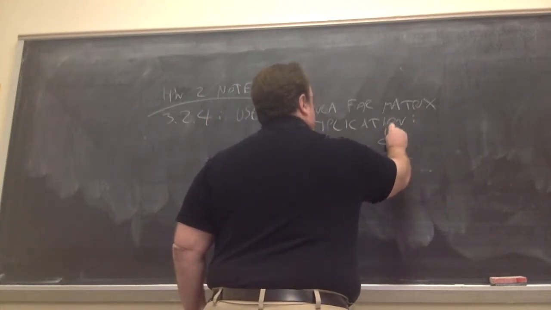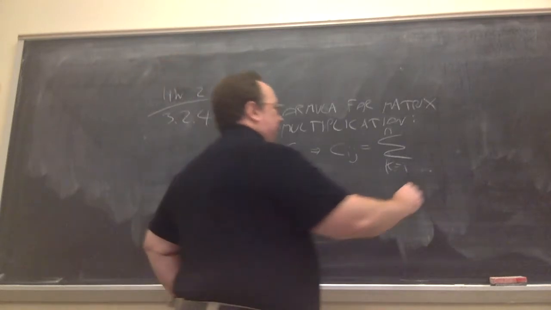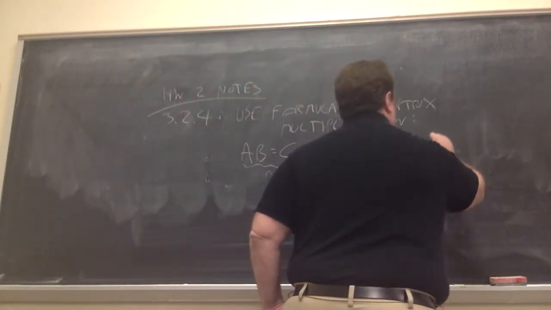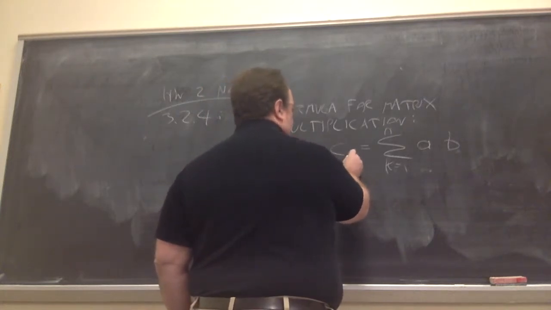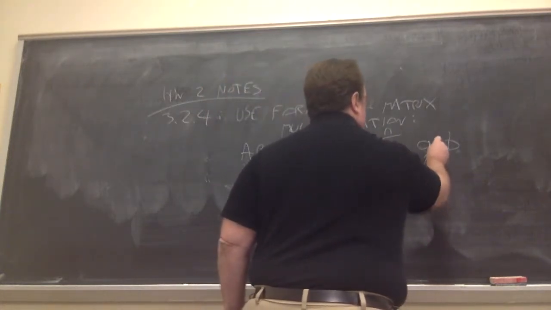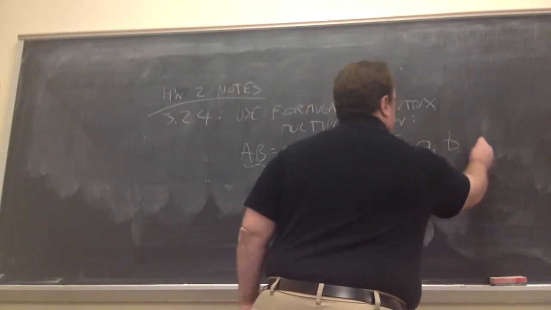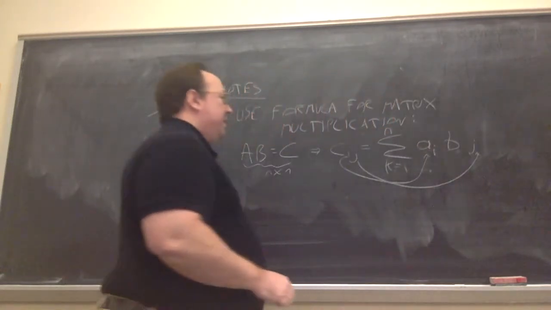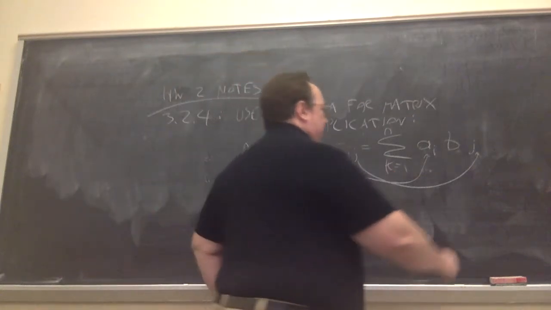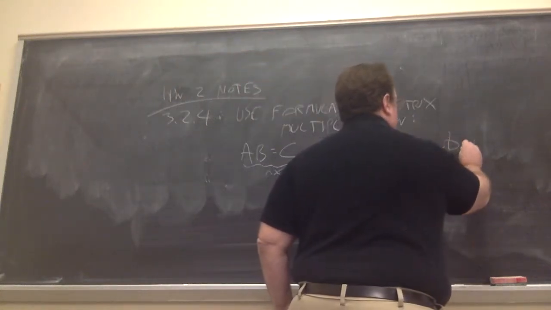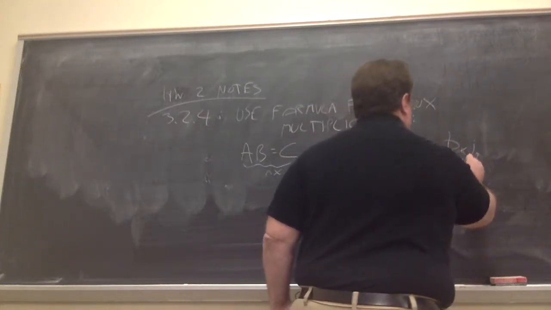So each entry is a sum. So the ij entry, we're going to have an entry of A and an entry of B. And watch what I do with the indices. So the row index is the first index of A. The column index is the second index of B. And then the index from a summation, K, is the second index of A and the first index of B. So that index goes here and here.